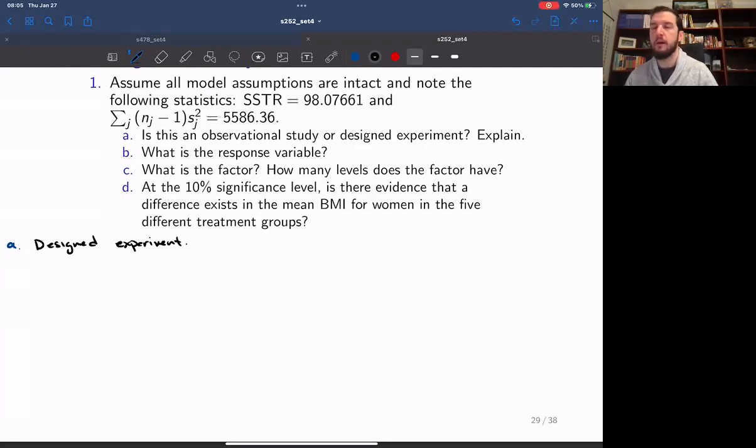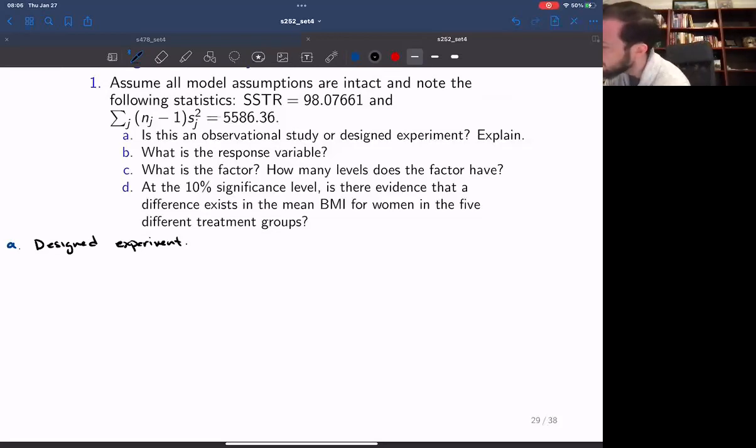That's a key feature of a designed experiment. So the response variable of interest, which is going to be the body mass index, is essentially being found by exposing the patients to each of these different dosages, or each of these different levels.